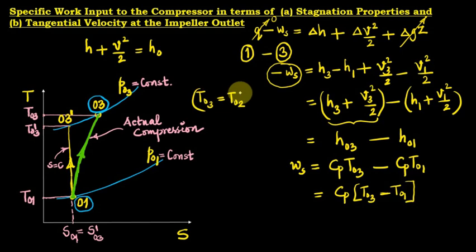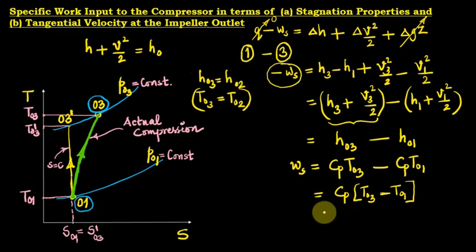It is not shown in this diagram, but T02 is the stagnation temperature corresponding to the diffuser inlet or impeller outlet, and T03 is the stagnation temperature corresponding to the diffuser outlet, or outlet of the compressor. So they are the same, and H03 is also equal to H02.